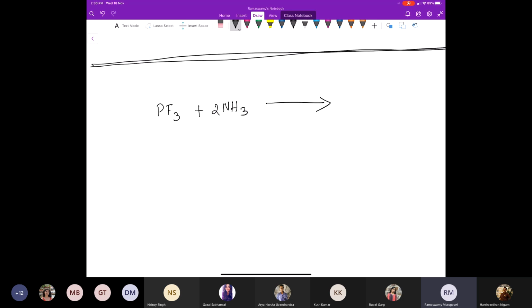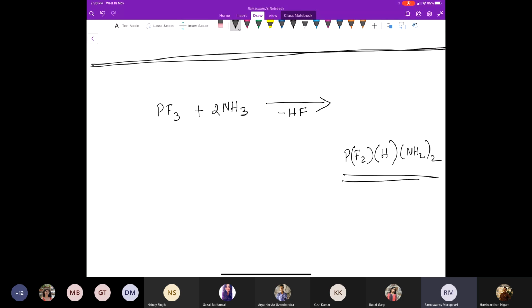PF3 plus ammonia. If you do it under some conditions, you can simply eliminate one HF and add two NH2s. So the product you get is that the phosphorus is bound to two fluorines. One fluorine is gone as HF, one H comes here, and two NH2s come.